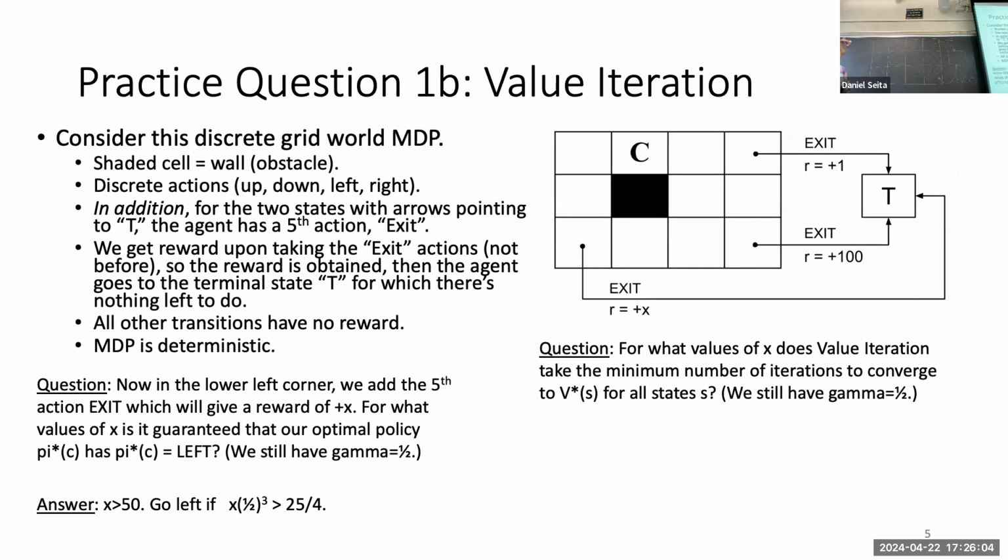So if the discount is 1/2, then this is the value at this state if we choose to go right. Consider this slide my mistake. So think about that. Think about that.